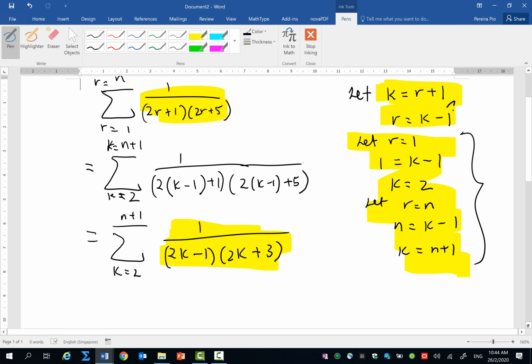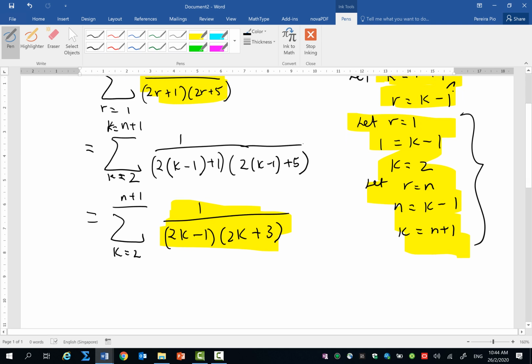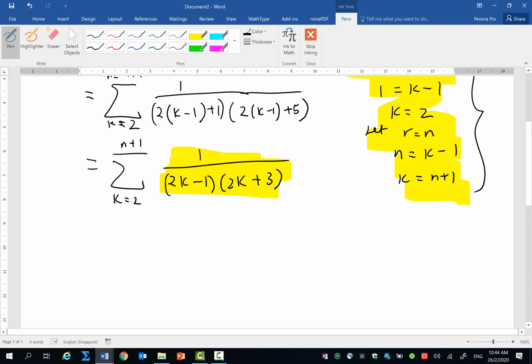Now, once we are done with this, very important. You notice that this k is already a dummy variable. Now, I start from k equals 2, but if I go back to my formula, it starts from r equals 1. So before I apply the formula, I need to make sure, using one of the summation formulas, that it starts from 1.